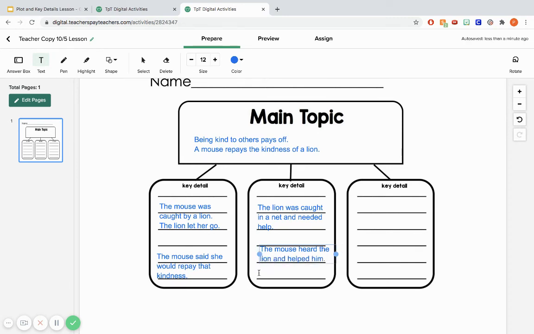That is like what happened. And we could say how it happened. So how it happened was she chewed through the net. Remember, we get our key details by asking questions. So I asked a couple of questions here. I asked, what happened? So the mouse helped him. And how did it happen? She chewed through the net. It wasn't just magically open. We had to know how.